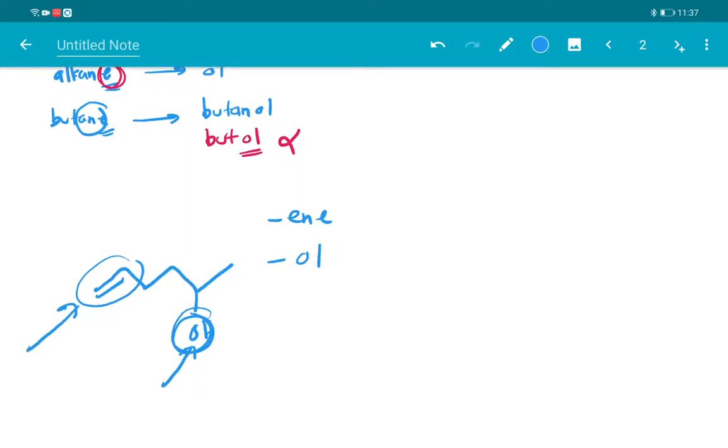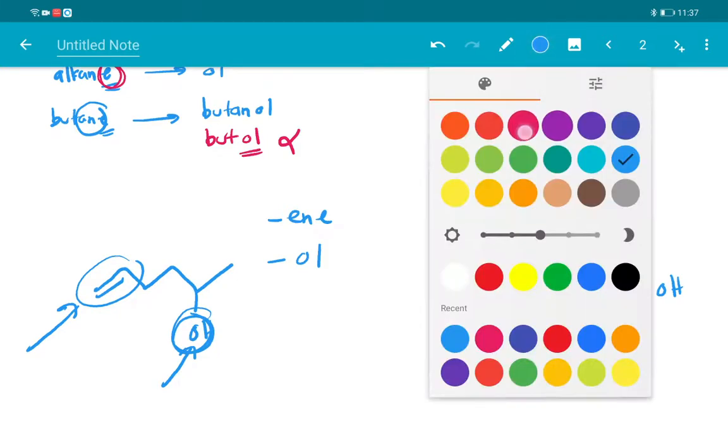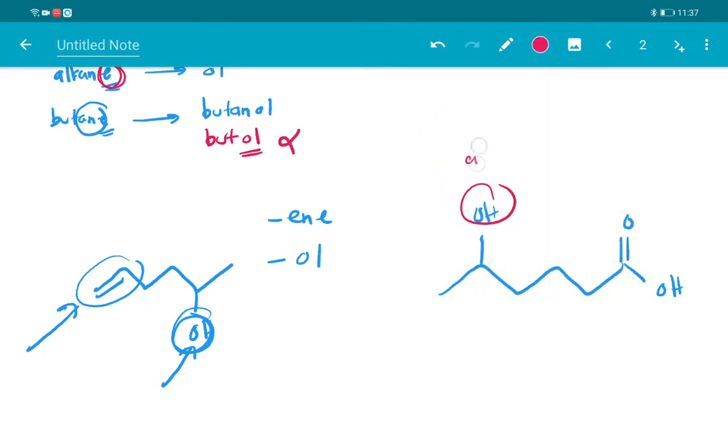Okay, here is an example. Let's say we have an alcohol compound, OH, and we have a carboxyl molecule attached to the chain. So in this case, we have not only alcohol, but also carboxylic acid.